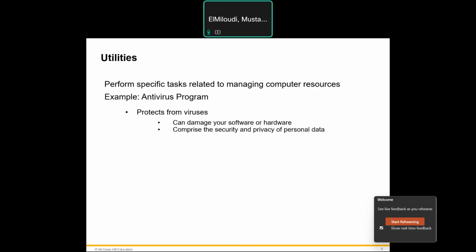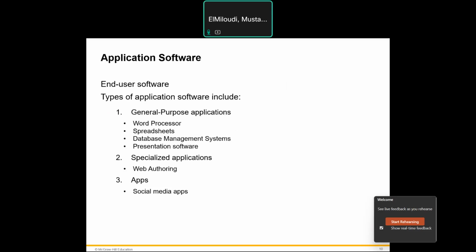And utilities are anything extra that performs a specific task that helps you take full advantage of the programs and the computer. For example, a program to help protect you against viruses. That's a utility. It's not part of the computer system, but it helps you take full advantage and protect yourself from anything that may harm you. So we talked about application software. We said it is only for specific tasks, like word processing, database management, presentation, and so on.